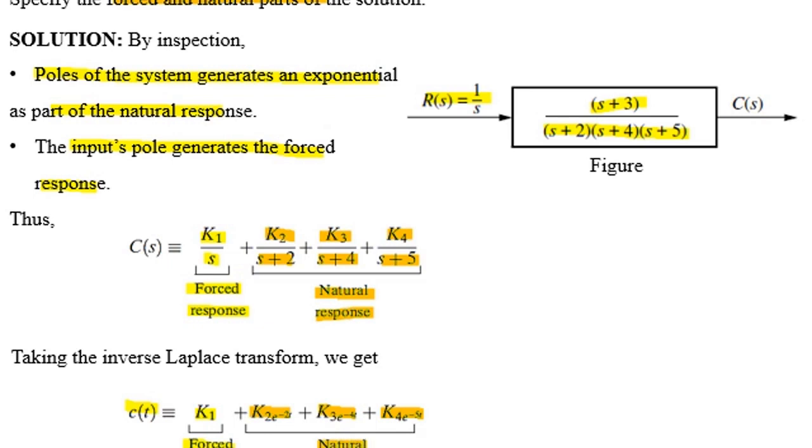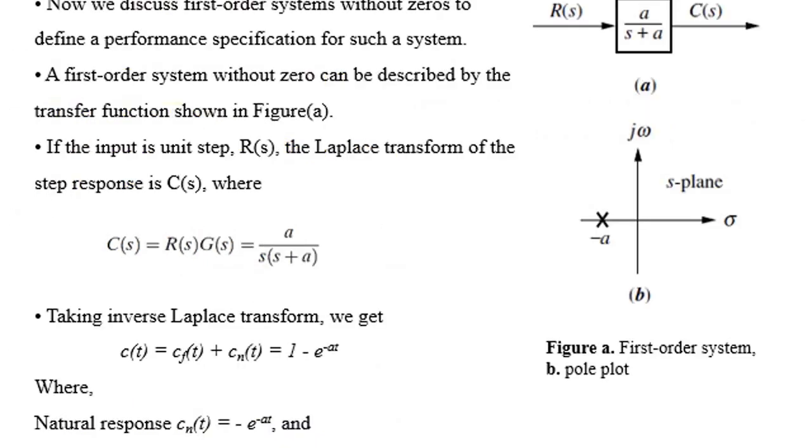Here k1 will be our forced response, where terms with coefficient k2, k3 and k4 will be our natural response corresponding to the pole at -2, -4 and -5 respectively.